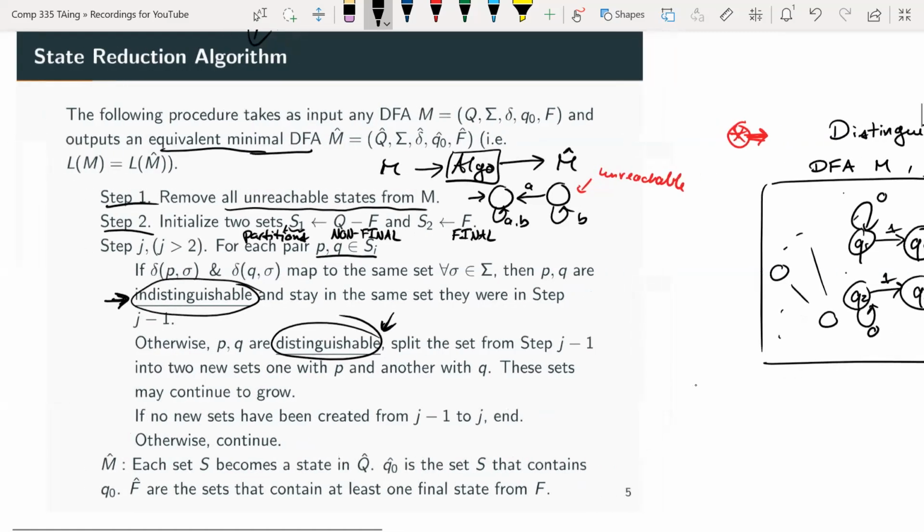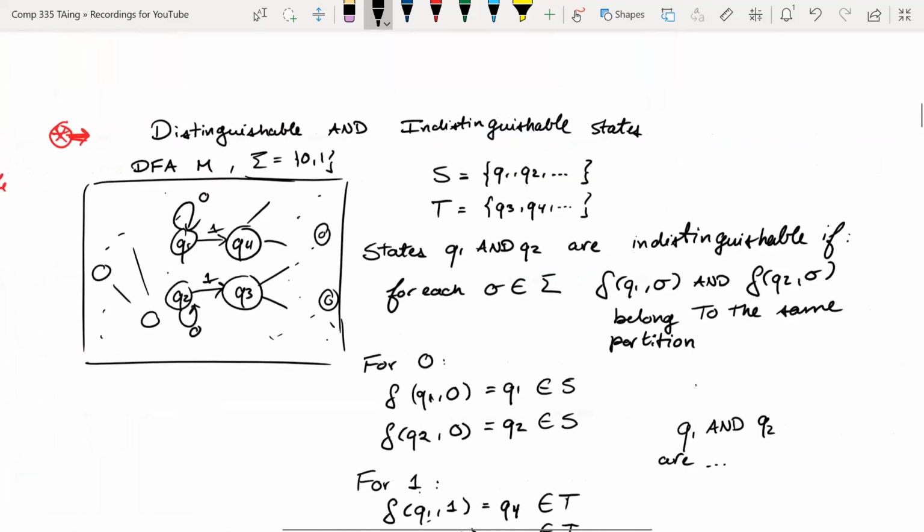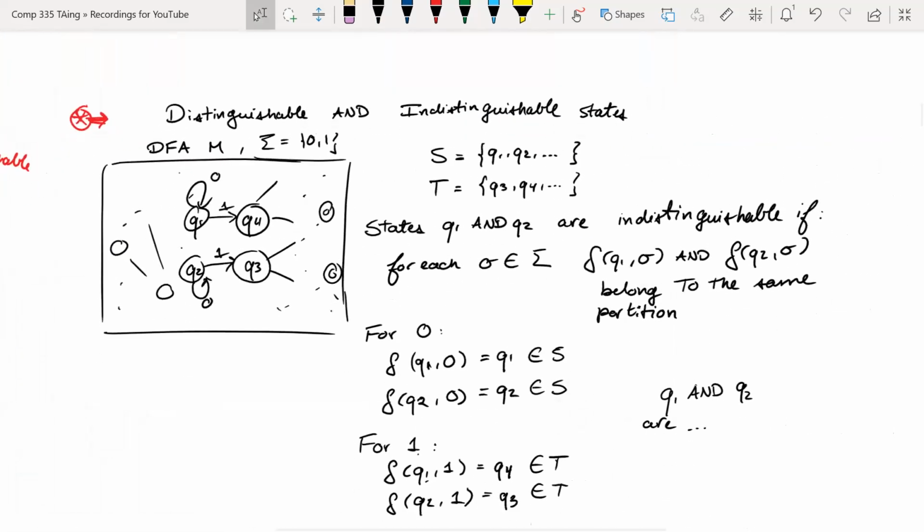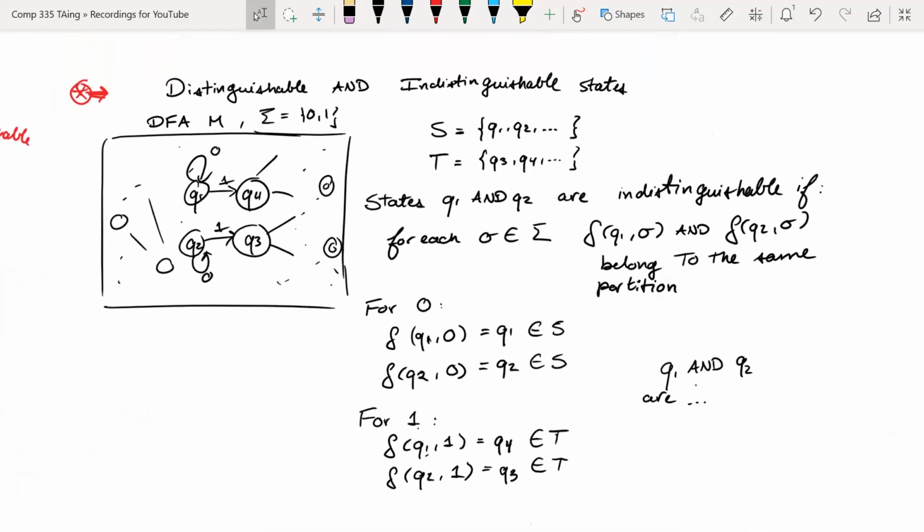To do that, I have an extra mini slide that's not in the official slides of this tutorial, that's hopefully going to help me explain what I mean by distinguishable and indistinguishable states. Suppose you're in your state reduction algorithm, and you have a DFA M over the alphabet 0, 1. Your DFA has a bunch of states. It has some non-final states and some final states.